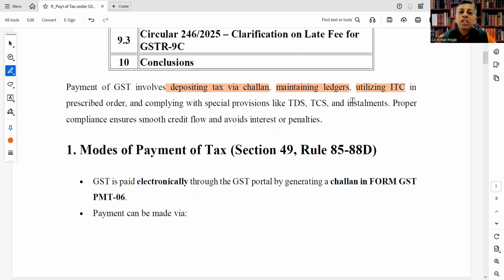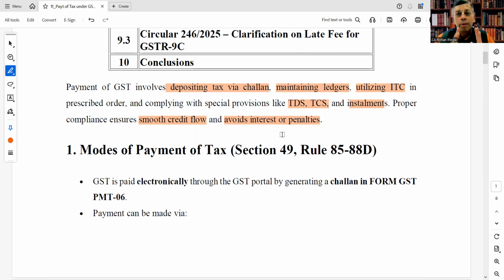And complying with special provisions like TDS, TCS, and installments. Proper compliance ensures what? Smooth credit flow and avoids interest or penalties, that is, future litigations. So that is very important.